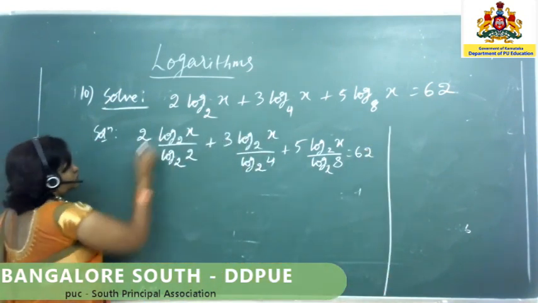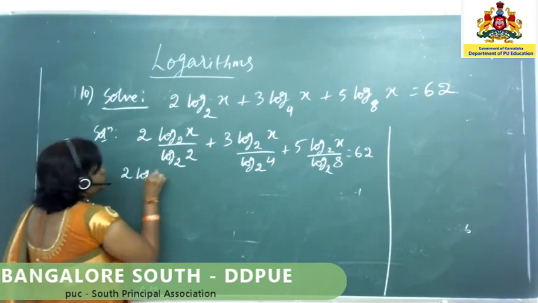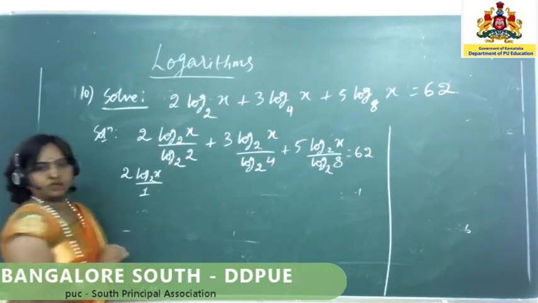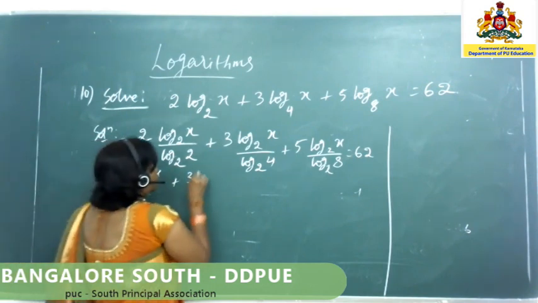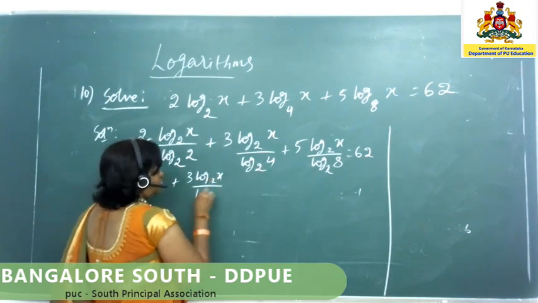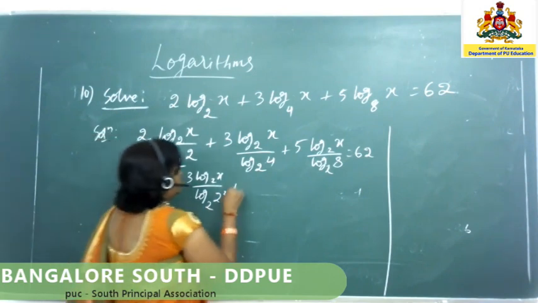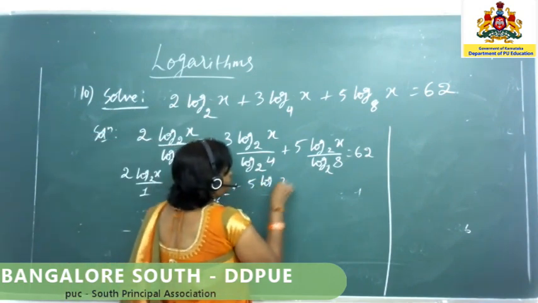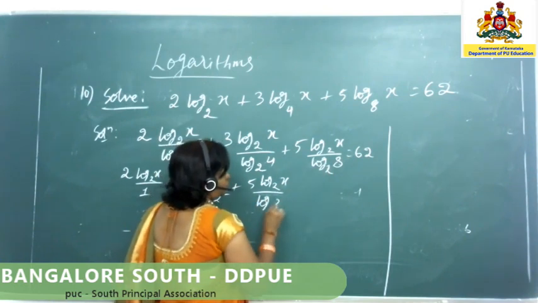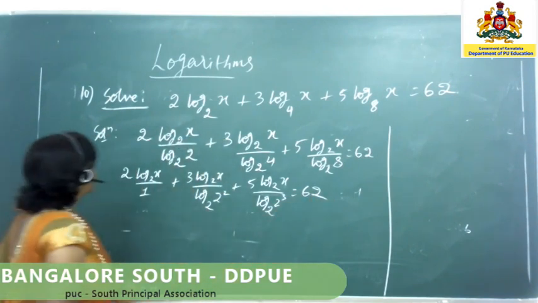So now 2 log x to base 2 by log 2 to base 2, which is 1, plus 3 log x to base 2 by, this can be written as log 2 square to base 2, since 4 is 2 square, plus 5 log x to base 2 divided by, 8 is 2 cube, so log 2 cube to base 2, is equal to 62.